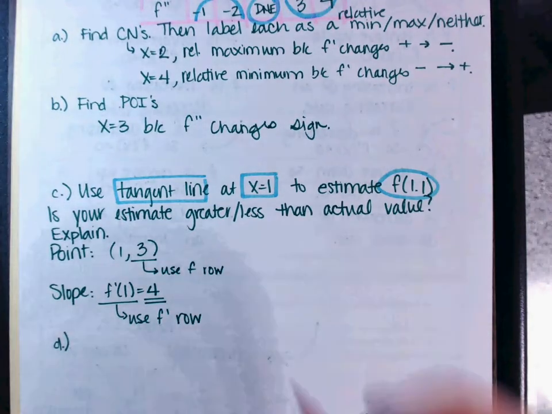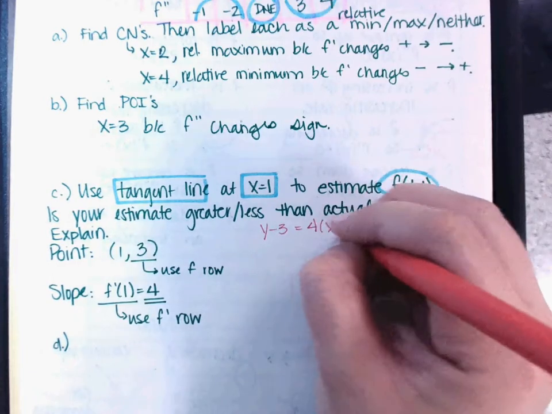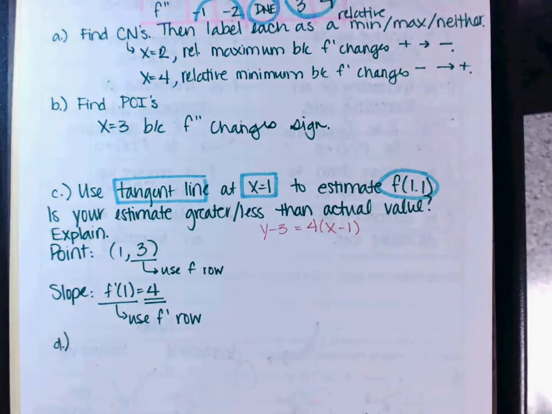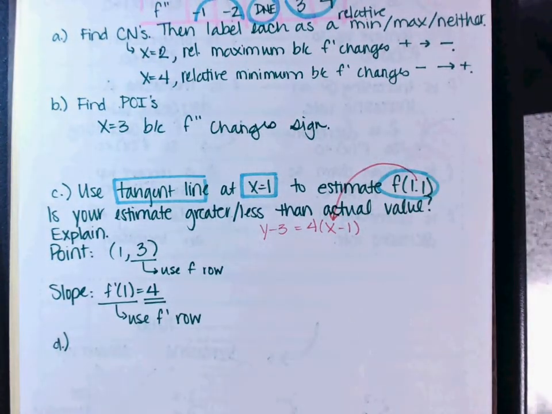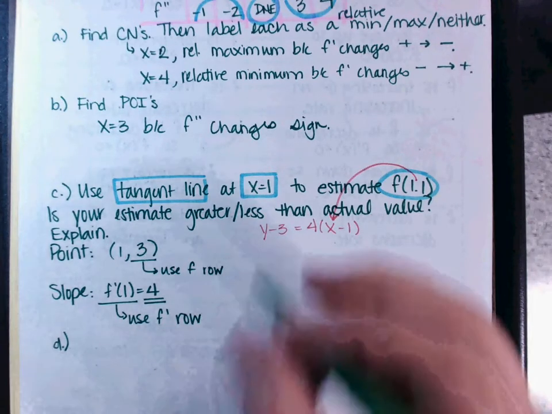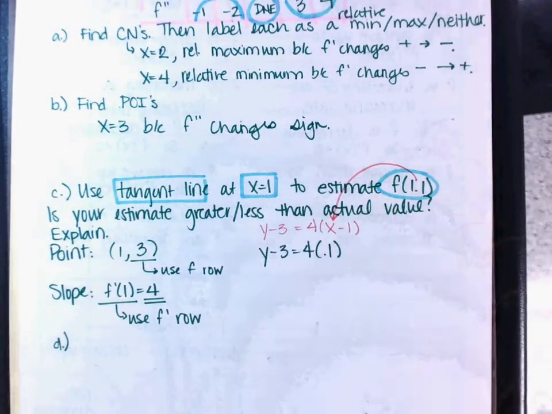I'd have y minus 3 equals 4, my slope, times x minus 1. And then what do I do with the random decimal that they give me? You're going to plug it into your tangent line. So what is 1.1 minus 1? Good. 4 times 0.1 is how many?